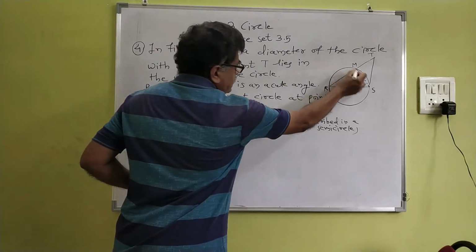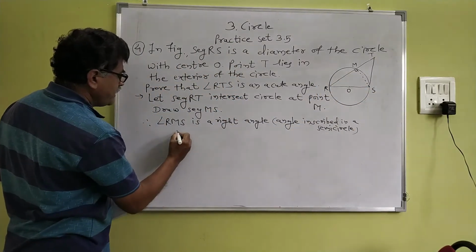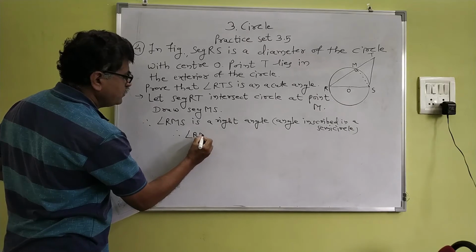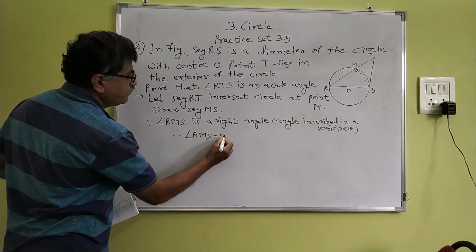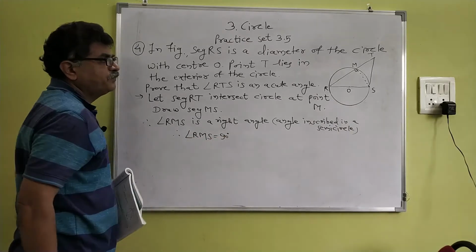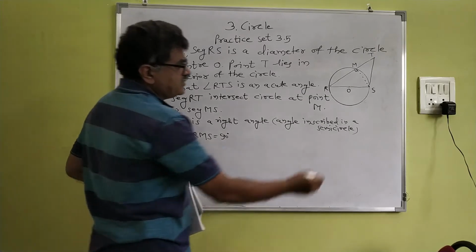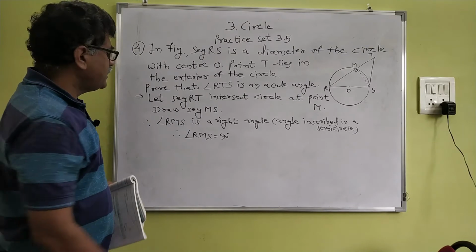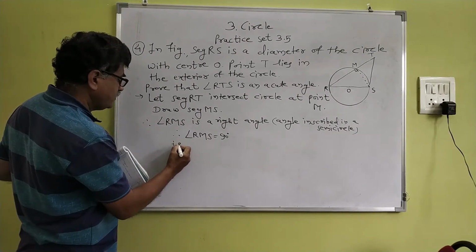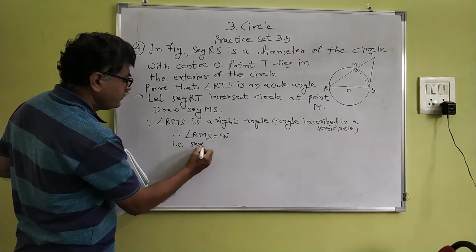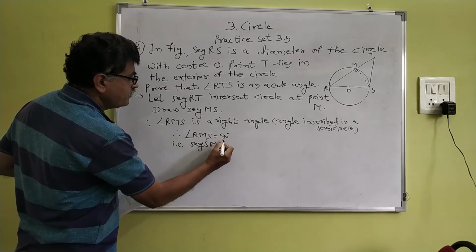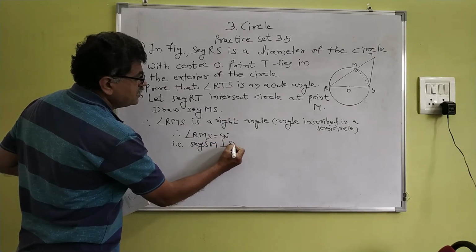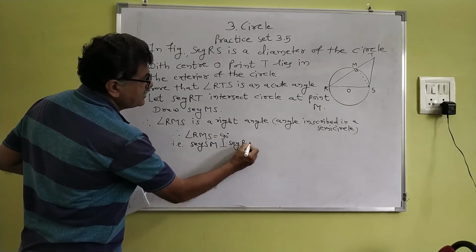Now this is a right angle, therefore angle RMS is equal to 90 degrees. That is, segment SM is perpendicular to segment RT.